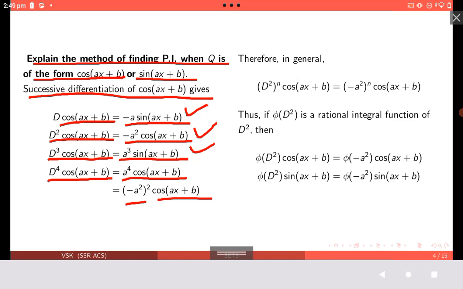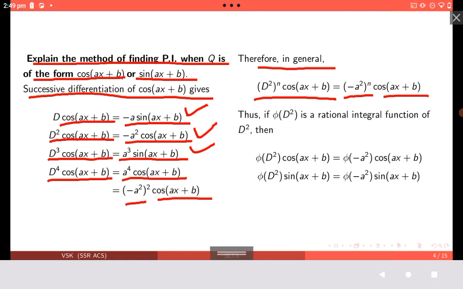Therefore, following this way, in general, we can write that (D squared) to the power n cos(ax + b) is equal to (minus a squared) to the power n cos(ax + b).